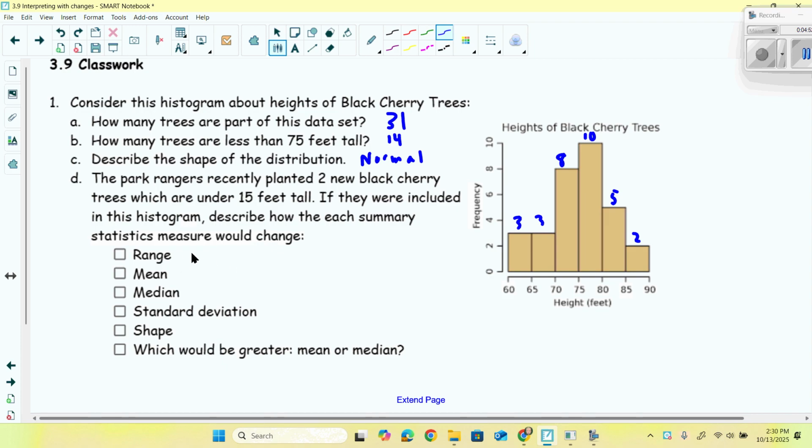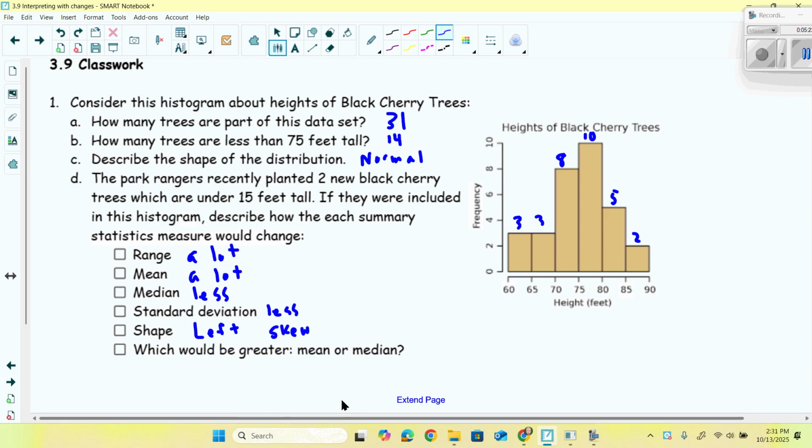Well, the range would change a lot. The mean, because we'd be adding in those numbers, would change by a lot. The median less changed, and the standard deviation in this case, we'd be less inclined to use that type of data, but that would be less affected. The shape would become a left skew graph.